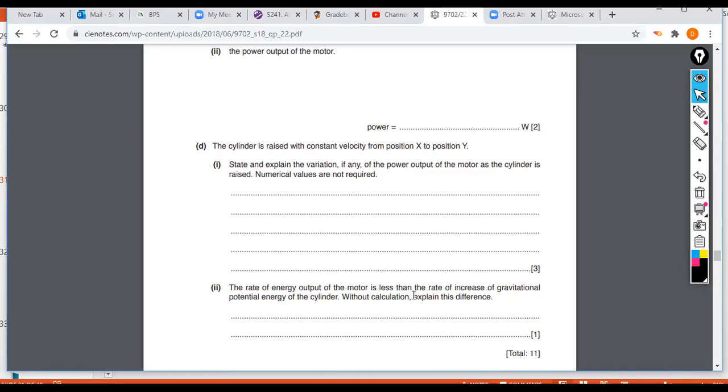Without calculation, explain how. And you could either say that the oil itself, the upthrust force, is doing work to help lift it, or you could say that there is the oil filling back in the gap left by the cylinder is decreasing its gravitational potential energy at the same rate. Okay, and so there's a net energy balance.